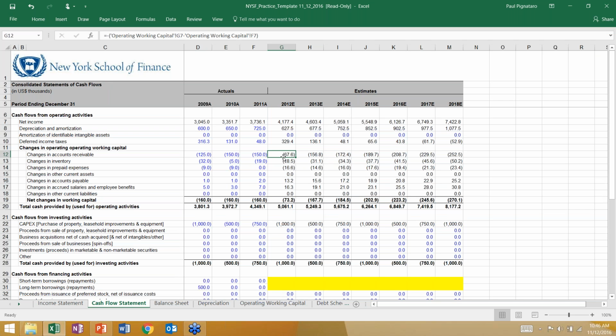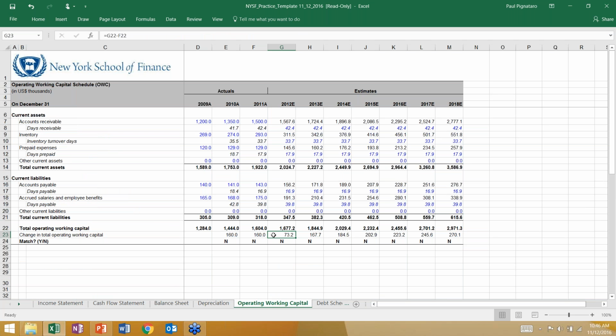Here, we're taking the individual differences between each line item and adding them. That should come out to the same number. Now, it doesn't match. It doesn't match because of one very important reason.